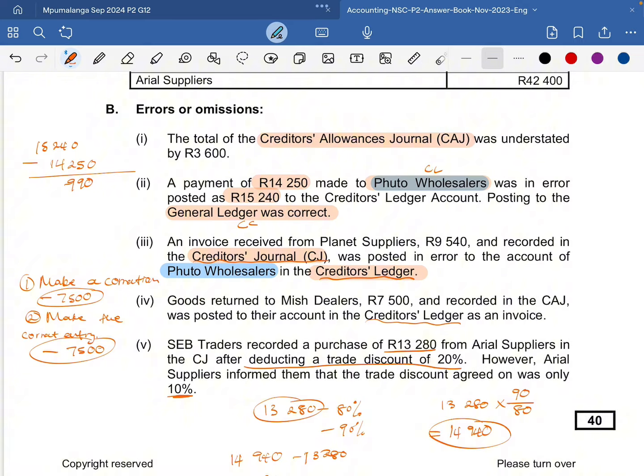We said Puto Wholesalers owes us 9,540 more, but it is actually an invoice that was received from Planet Suppliers. So what we've done, we added the 9,540 to Puto Wholesalers, saying that we owe them more, but we necessarily don't owe them more. So this is where this adjustment is coming in.